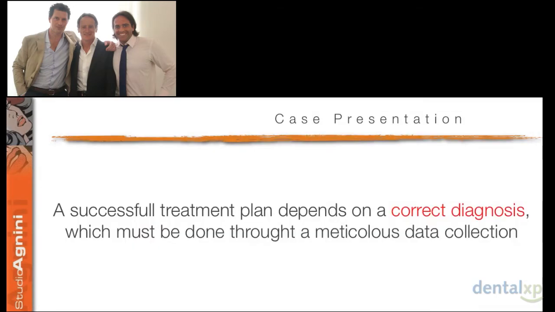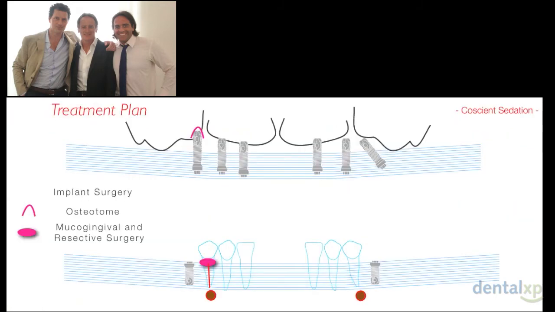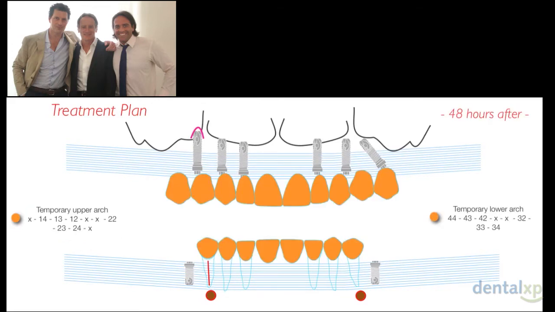I will spend a lot of the time of this lecture explaining all the data that we collect and how we can use it. Because after we collect all this data, we can, like number 14, let's call it like this, do an osteotome technique, and in the lower arch we're going to place two implants in the back mandible, in the back area, and if possible, they will be in occlusion with the temporary in the upper arch.